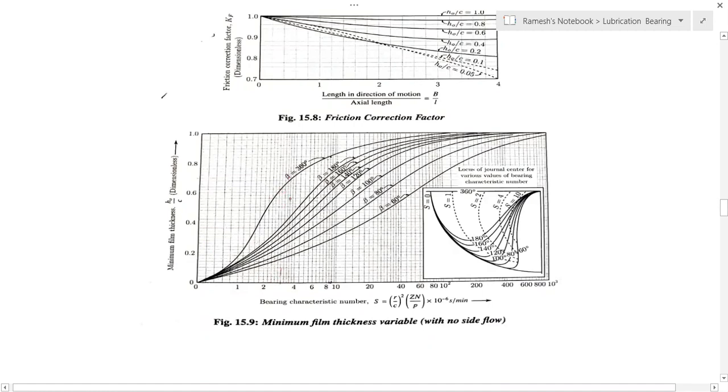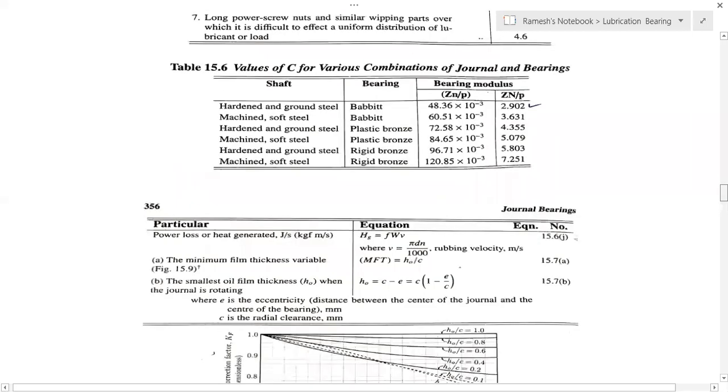If I extend this, it will coincide somewhere around here. This is 0.6 and this is 0.7, so it is in between. You can take it as 0.65. That is the minimum film thickness, H0 by C. I will get it as 0.65 from the figure 15.9.